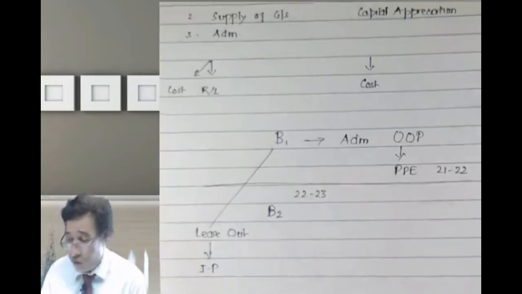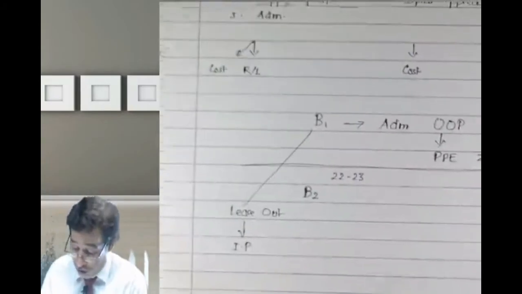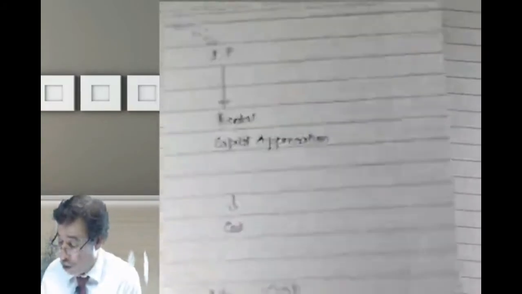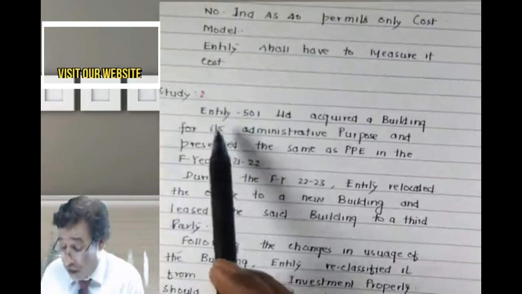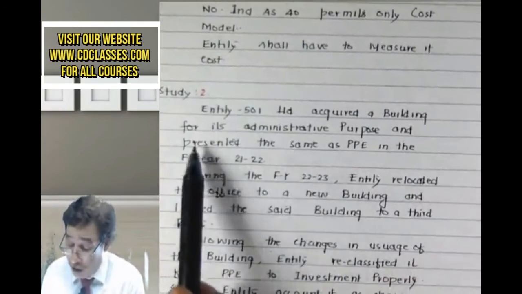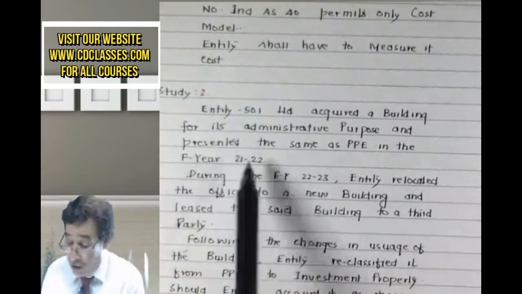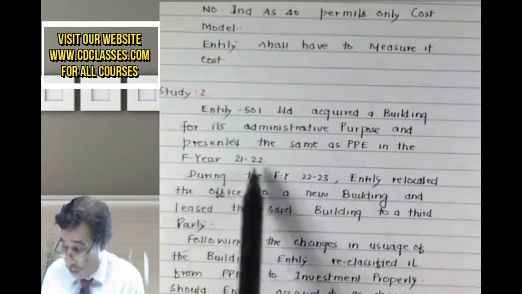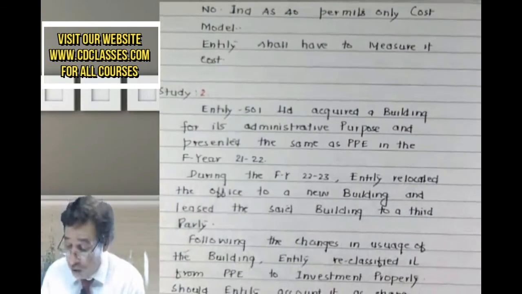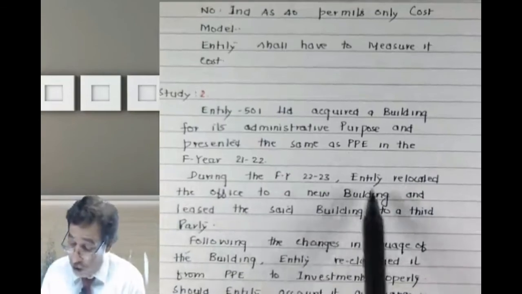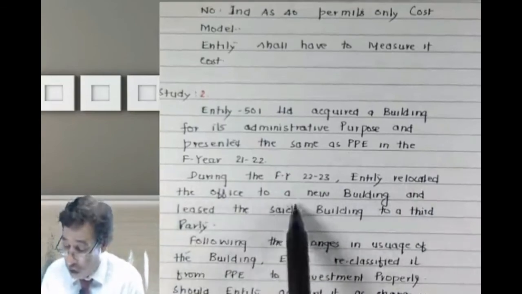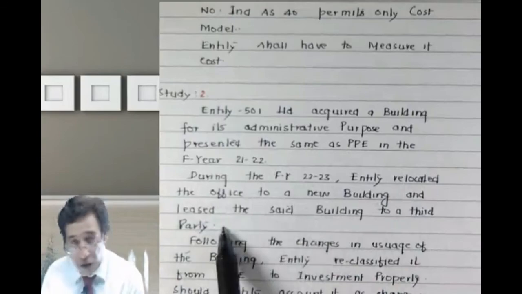You got the point. First of all, you need to understand the question. These are rough sheets. Let me come to the main sheet now. Entity 501 Limited acquired a building for its administrative purpose and presented the same as property, plant and equipment in the financial year 21-22, and during the financial year 22-23, the entity relocated the office to a new building and leased the said building to a third party.